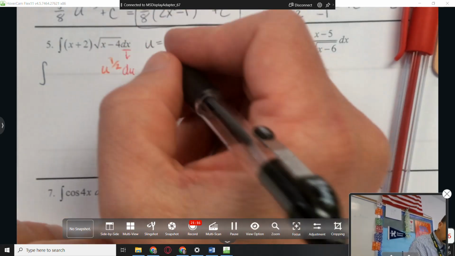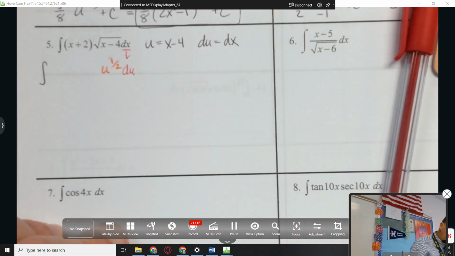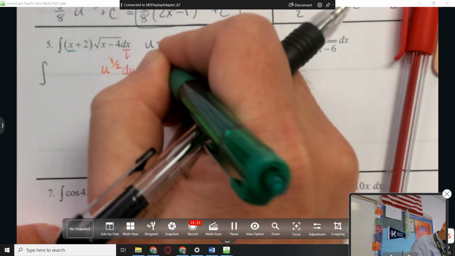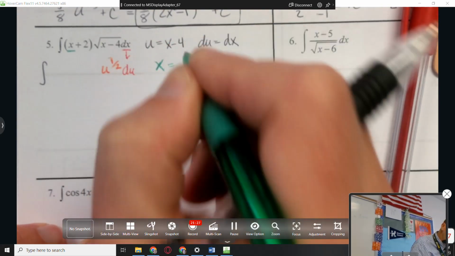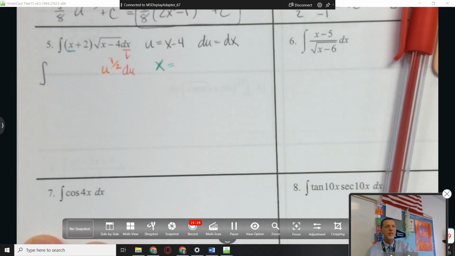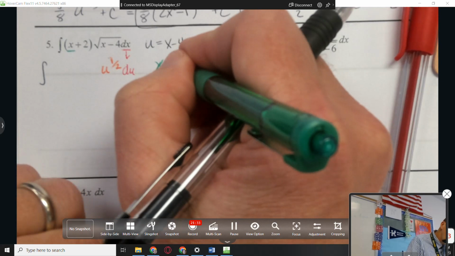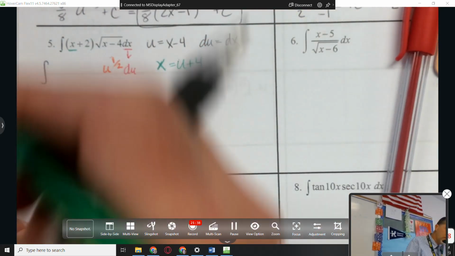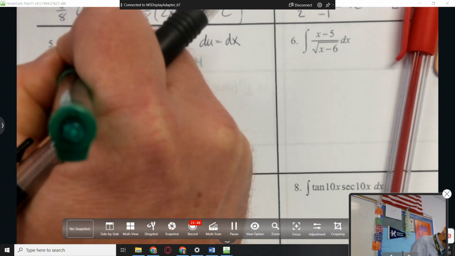Well, I don't like the x in there. That's the problem. If I rearrange this equation, if u is x minus 4, then x is u plus 4. And so then in place of x, I can put u plus 4.